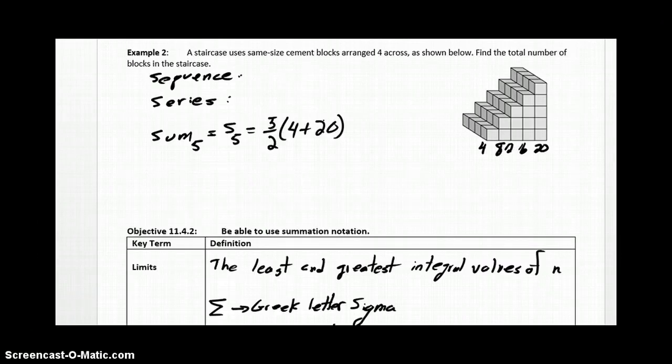Let's look at this example 2. A staircase uses same size cement blocks arranged 4 across as shown below. Find the total number of blocks in the staircase.